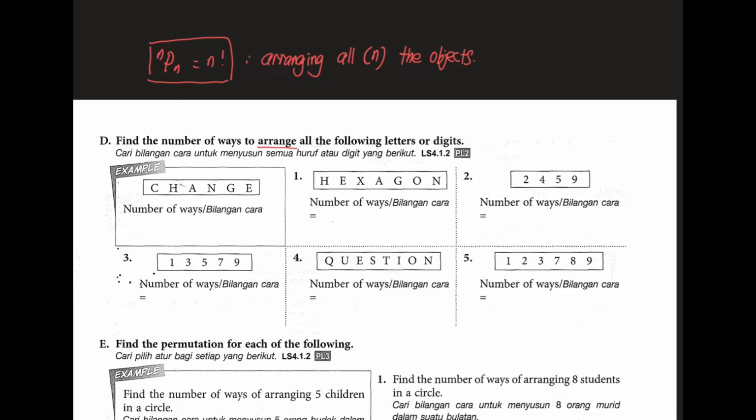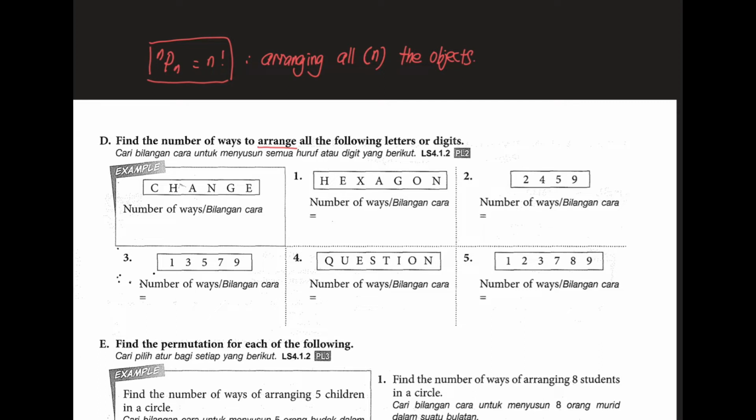Okay, now for example, you have the word CHANGE, 1, 2, 3, 4, 5, 6, 6 letters. You are arranging all the following letters. You are arranging 6 of these letters. So you can put 6P6, or you can put 6 factorial.